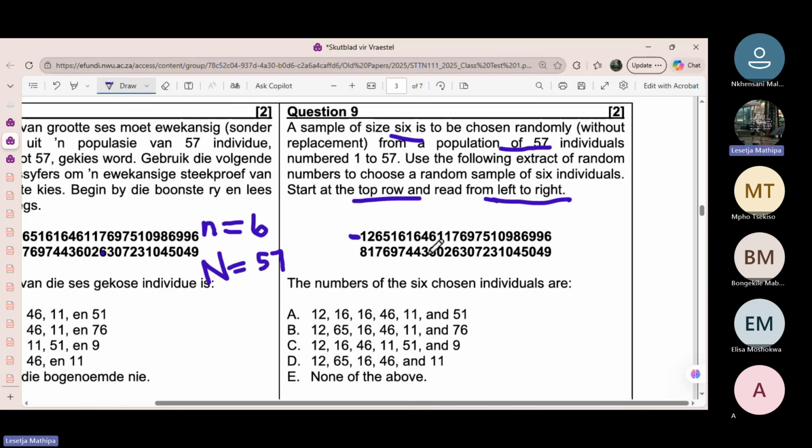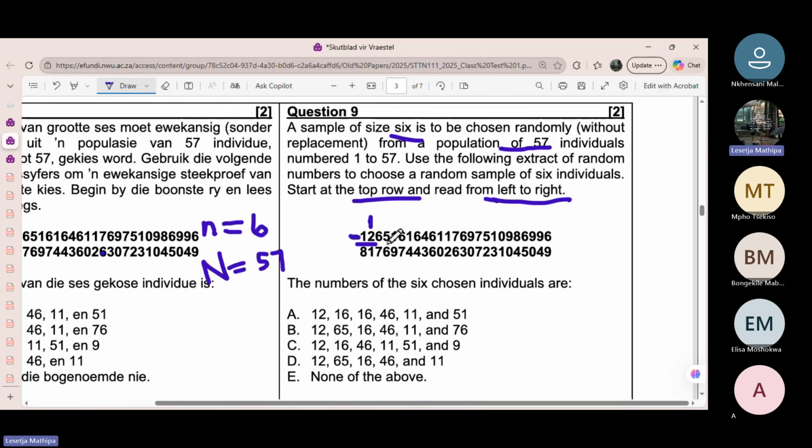Okay, great. Now, let's look at this. We are going to take a number that is below our population. And what is our population? 57. So who can give me the first number? Anyone? It's 12. Number 1.